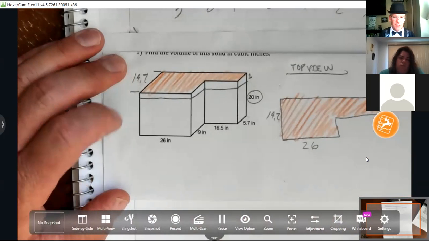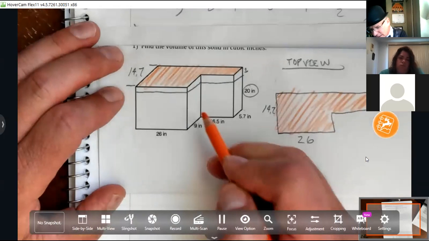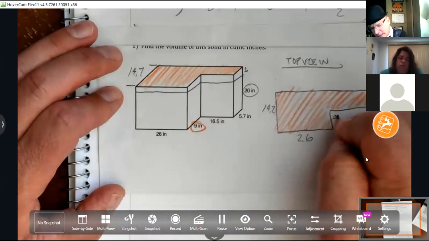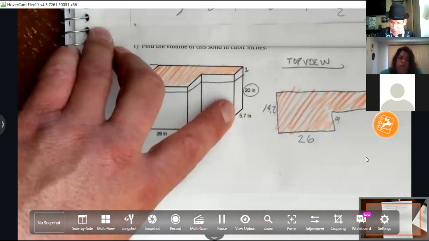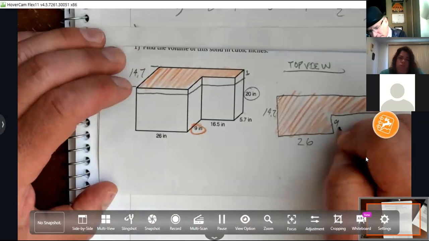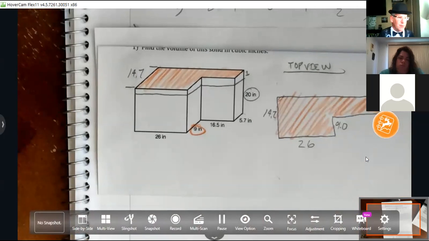So here's the orange section. We just need to figure out this part right here is the same as this, right? So this part right here is 9. And this little part right here across the top is 5.7. This is 9.0, 5.7. Remember, type something into the chat if you have a question.